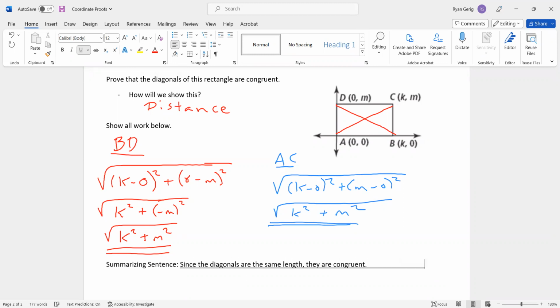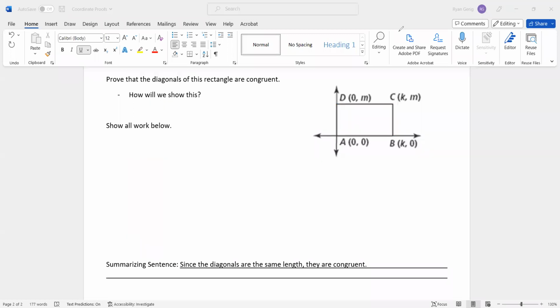That's it. That is all you need for your summarizing sentence for this one. Okay. And that is coordinate proofs. I know it's not easy, but you should be able to do these things. It's using the properties that we've learned in the first 5 lessons and applying them to a new situation. So that's it.